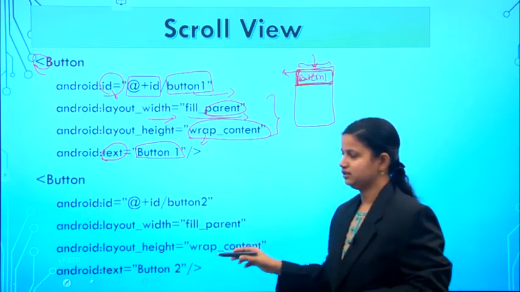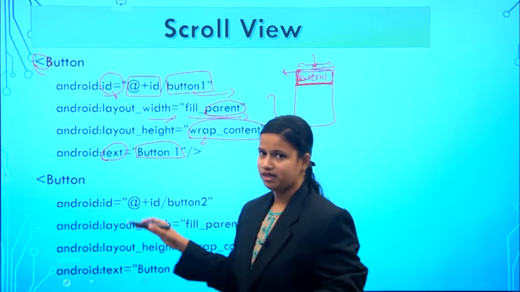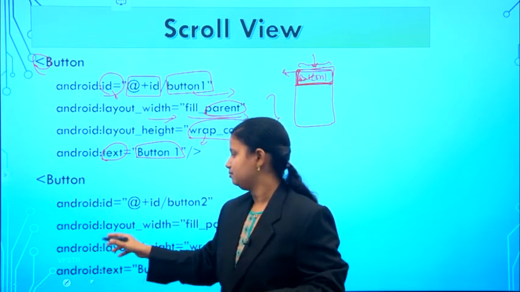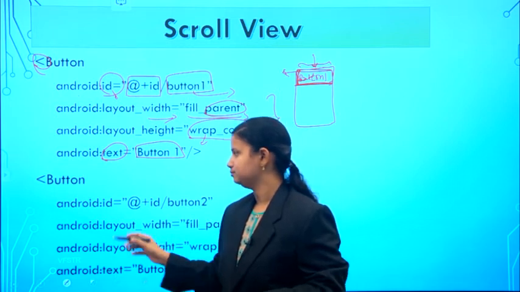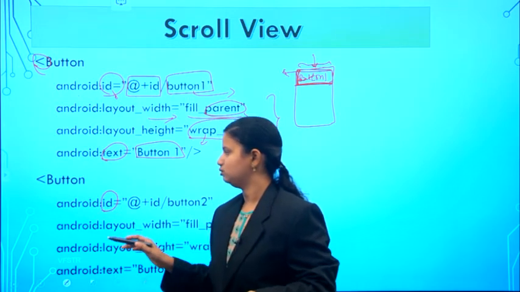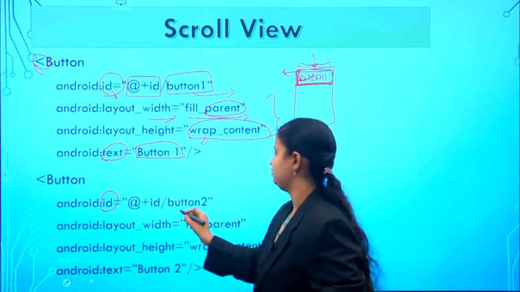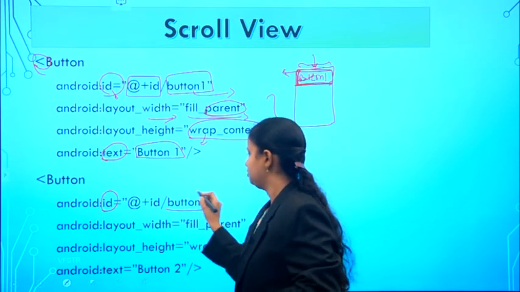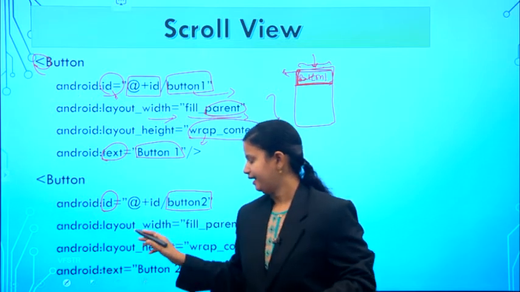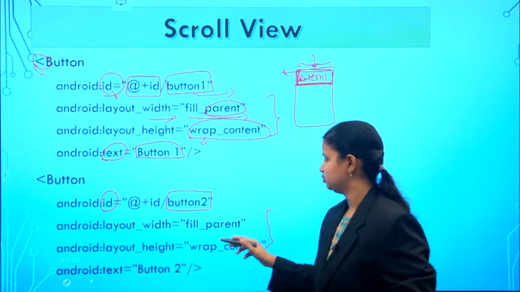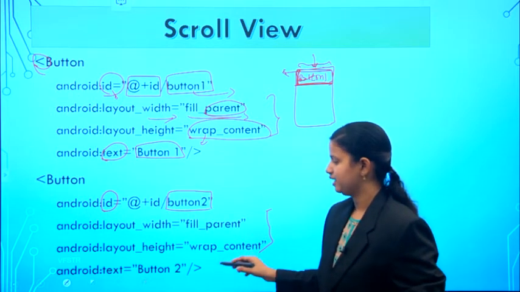Another button also has similar properties, but the values will vary. So to uniquely identify button number 2, I am giving the ID as button2. Layout width and layout height are the same: fill parent and wrap content.